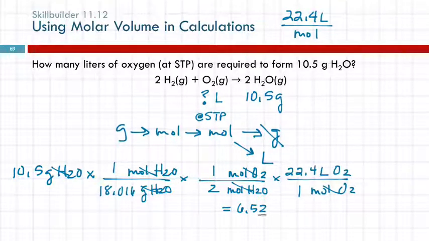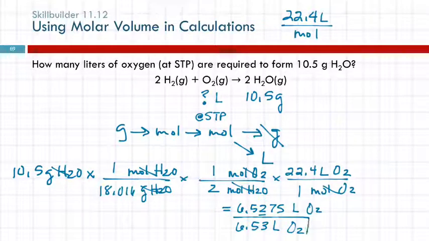So 3 sig figs, 6.52, write down the next 2 digits. I look at the deciding digit, which is the one after the last sig fig. It's 5 or larger, so I'm going to round this up and say 6.53 liters of oxygen would be needed. Any questions?